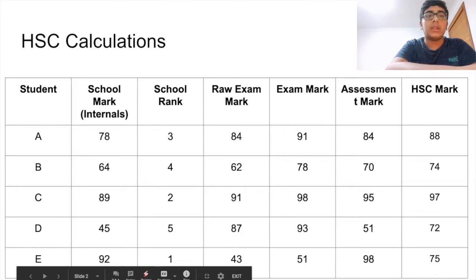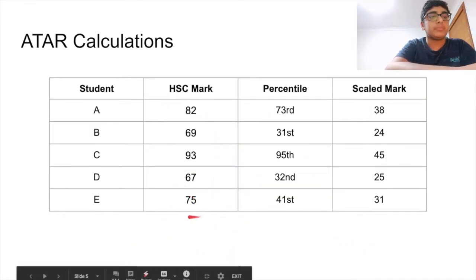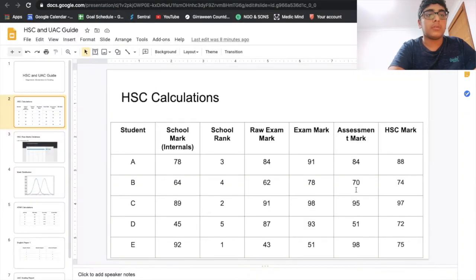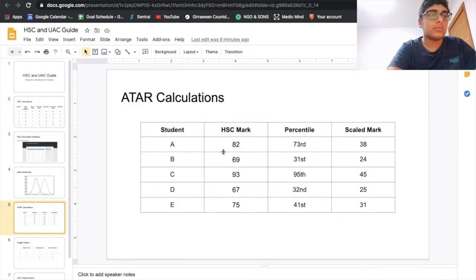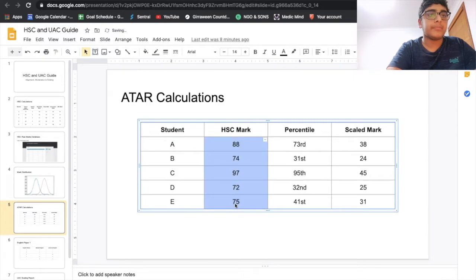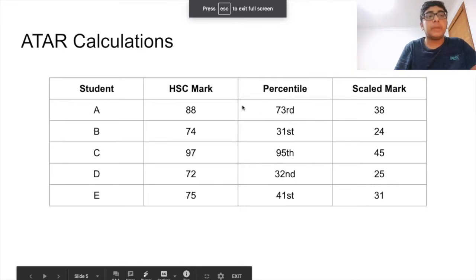They don't send any of the other stuff. They only send the HSC marks to UAC. So these are the marks that people got in the HSC.